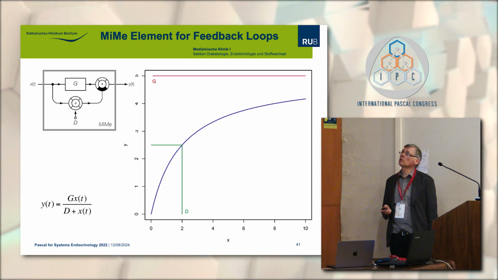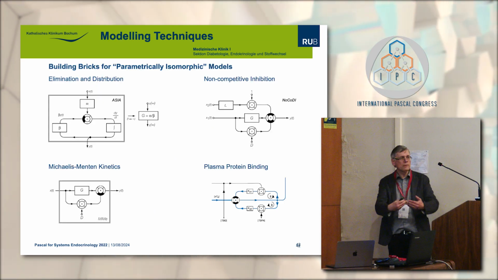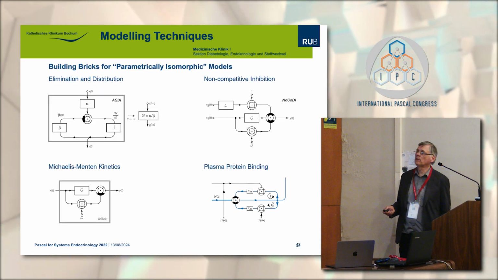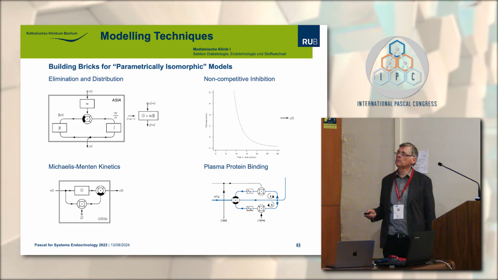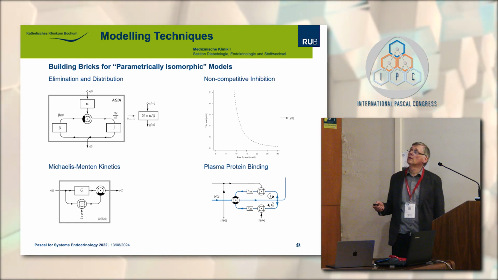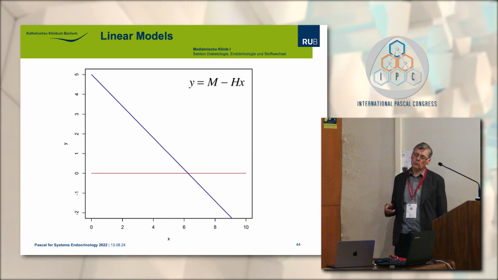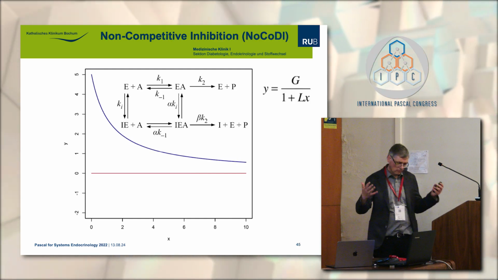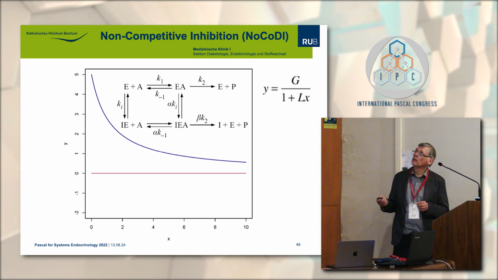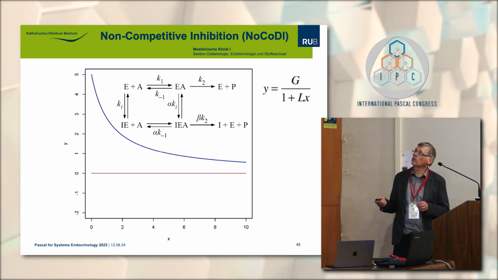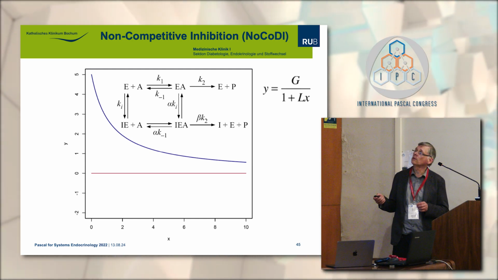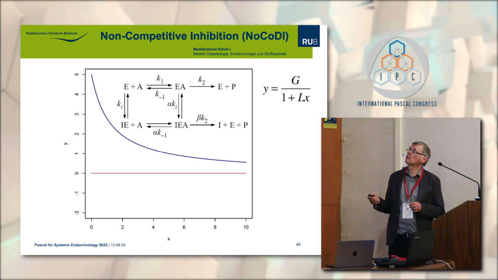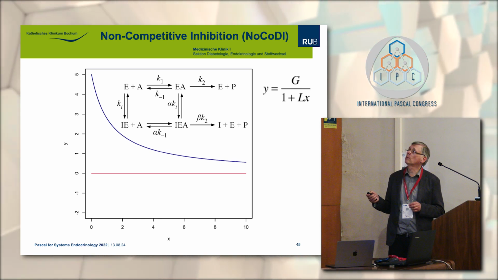The next step is non-competitive inhibition. This is the negative side, where we want to avoid a negative output if the input is very large, and we can arrive at this by a more complex equation, where we also have an inhibitor in these chemical reactions, and the equation is here, y equals g divided by 1 plus Lx.